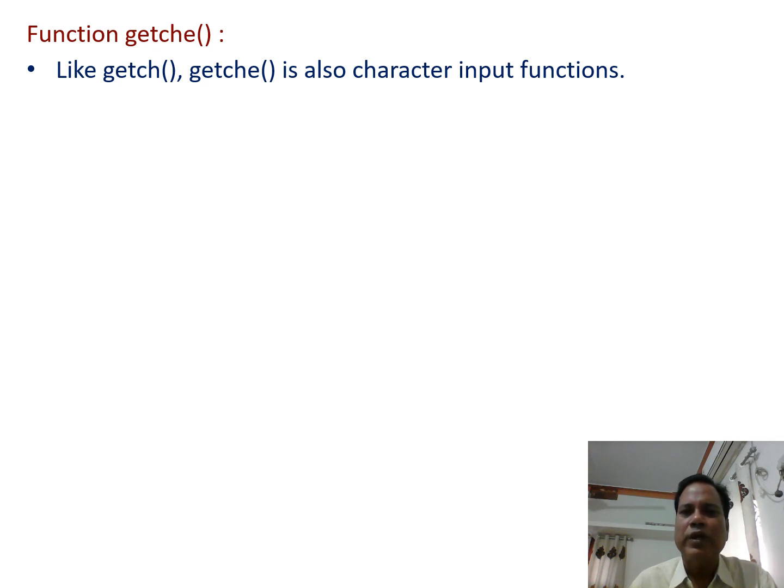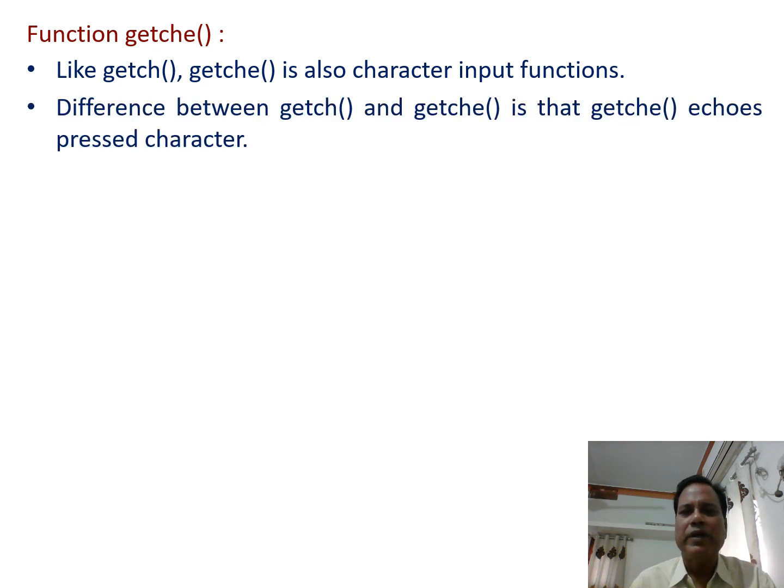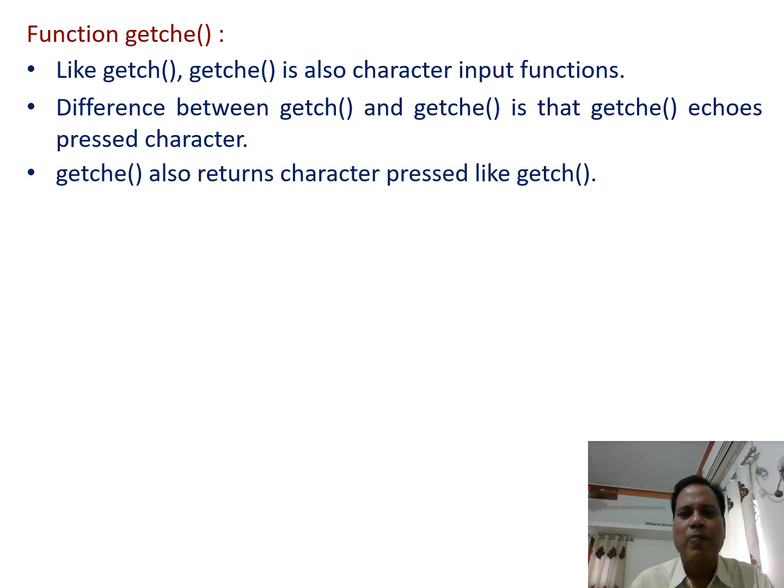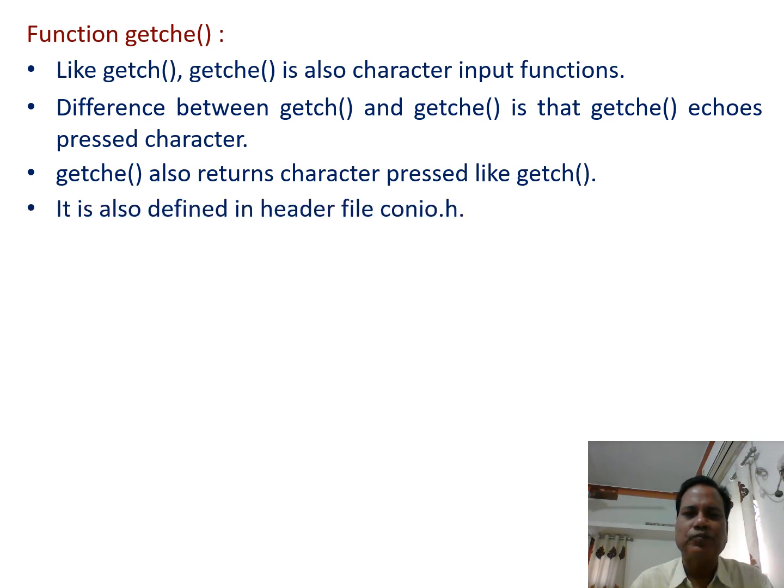getche is also a character input function. The difference between getch and getche is that getche echoes the pressed character. We have seen that in getch, the character we press is not seen on the screen, but in the case of getche, it is seen. getche also returns the character pressed, like getch.